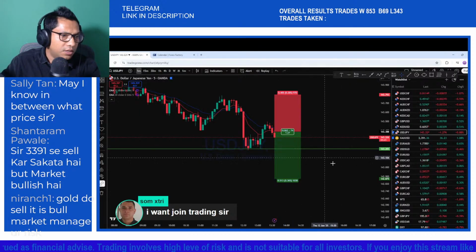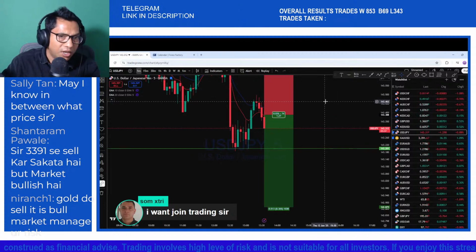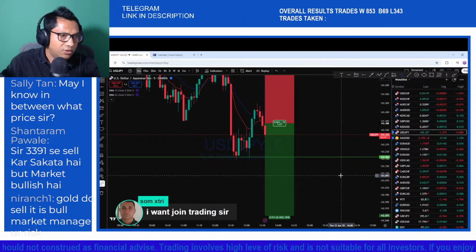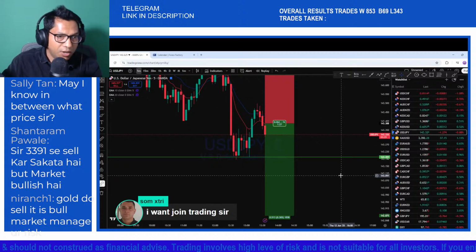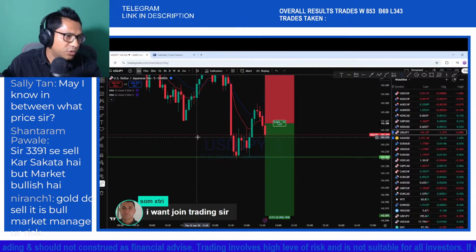So expecting to drop here to the 143.20 level. Okay, so you can see that it's bearish, and once the market managed to break below the 143.20 level, we'll be taking the half position off.